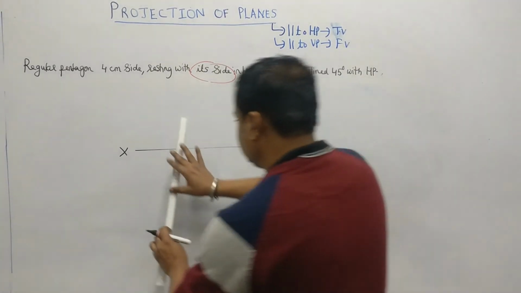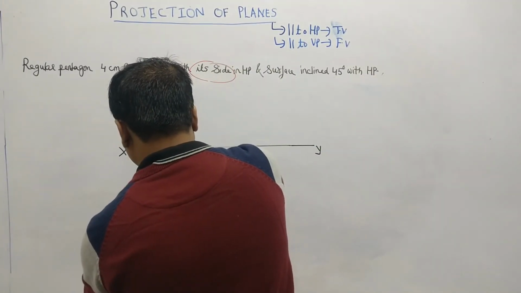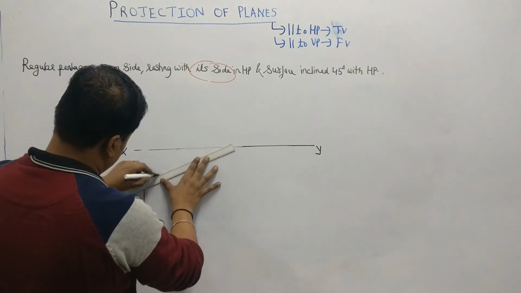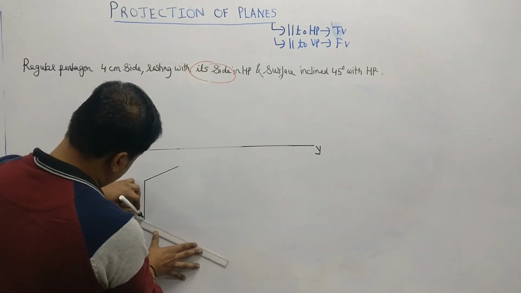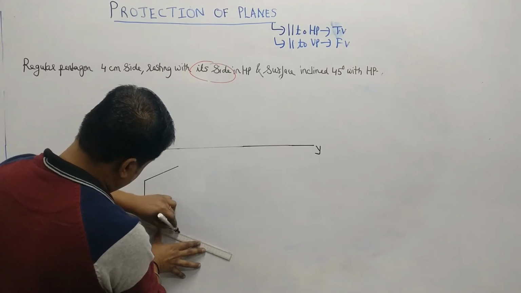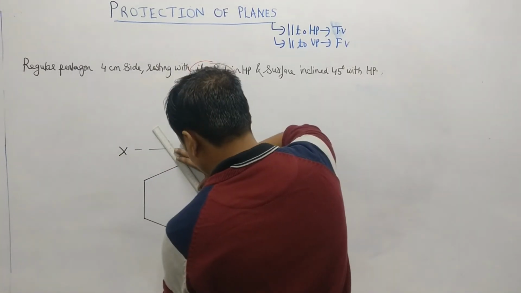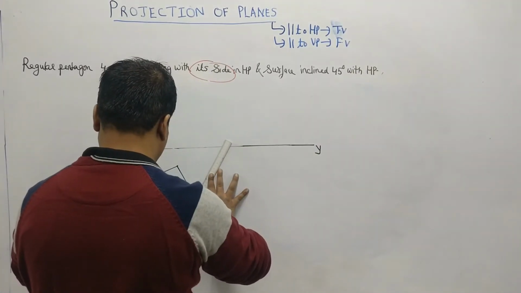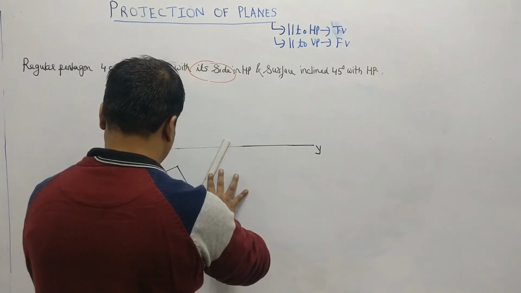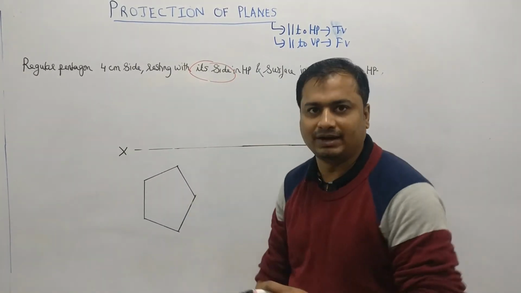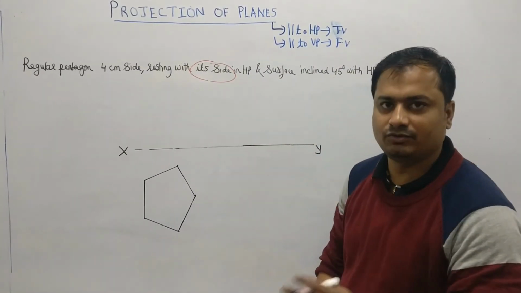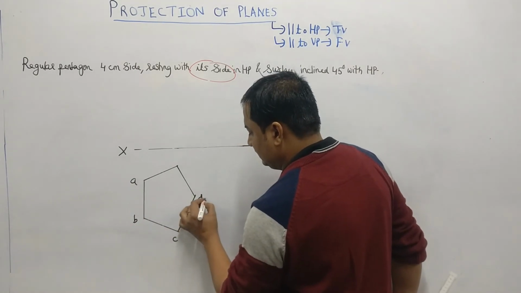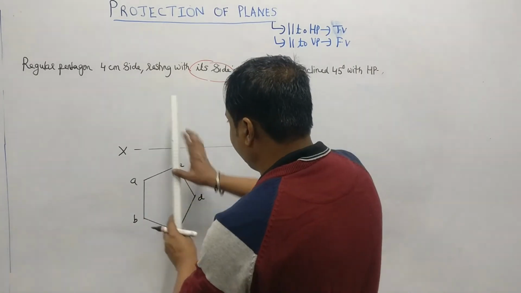So start with the true shape. This is the top view of the pentagon. Again, this is not drawn regular, but you have to draw it regular. The names are A, B, C, D, and this is E. And the front view.